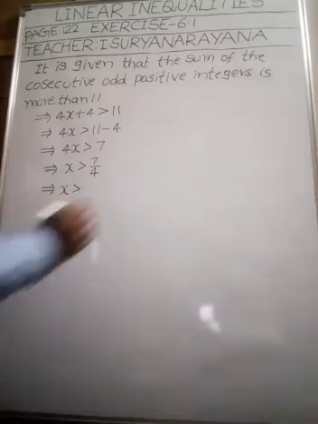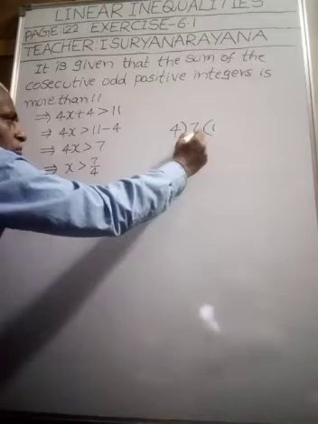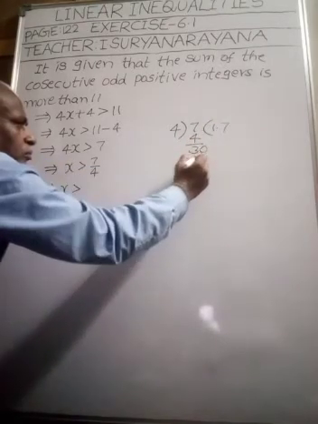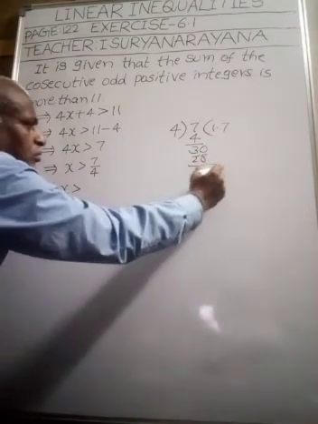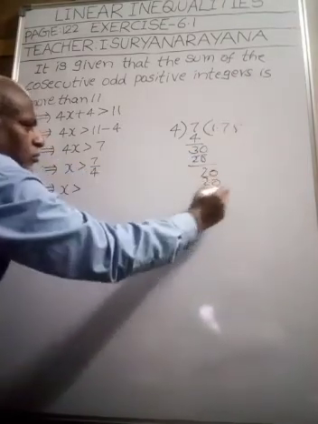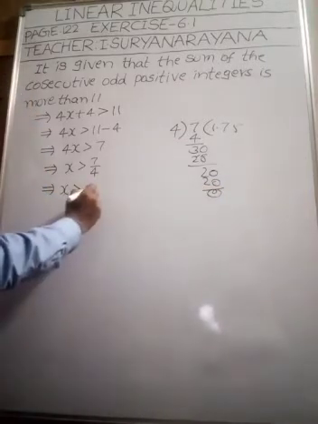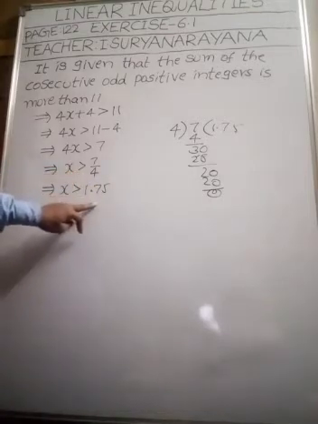What will you get? 4 sevens are 28, 4 fives, so 1.75. I converted this fraction into decimal form.